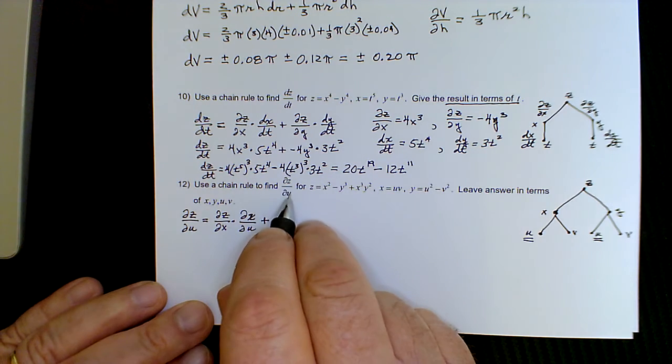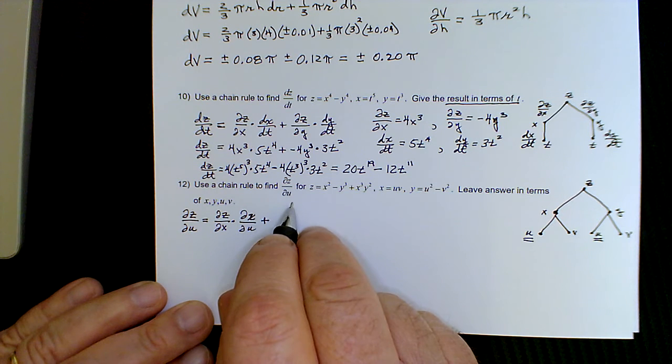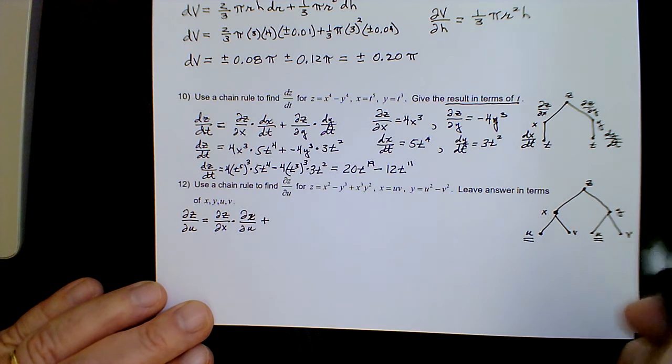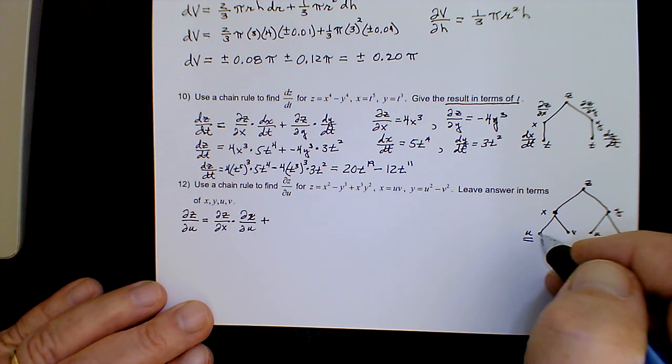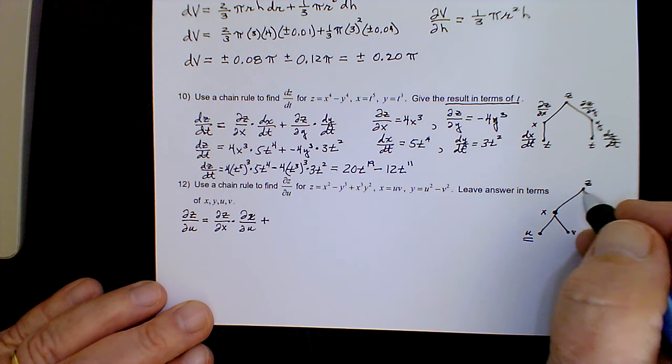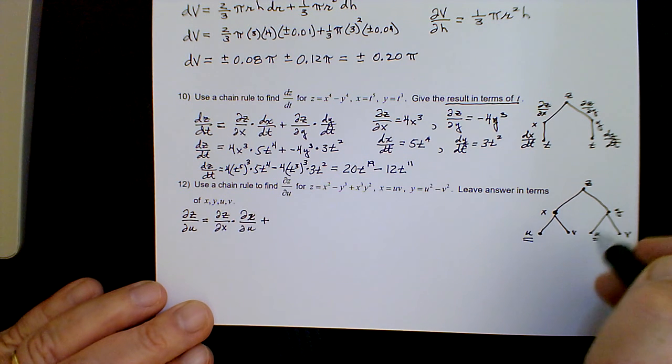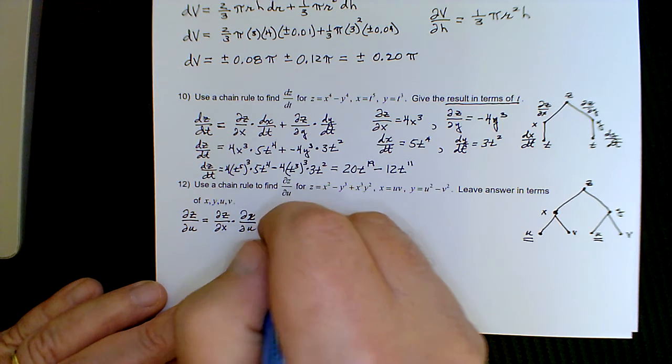I think I cut off the other part, which was to find the partial of z with respect to v, so you could practice that one. But we want to get to u, so partial of z with respect to x, partial of x with respect to u, now partial of z with respect to y, partial of y with respect to u.